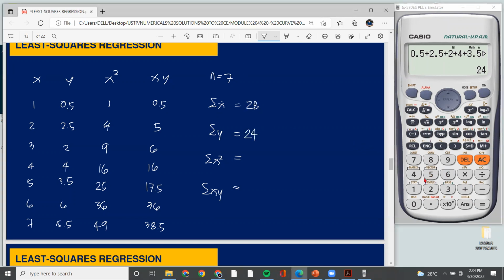Next is the summation of x squared. We have 1 plus 4 plus 9 plus 16 plus 25 plus 36 plus 49, and that is 140.